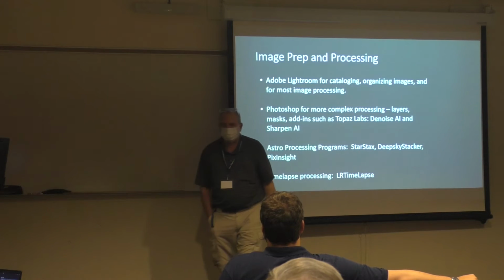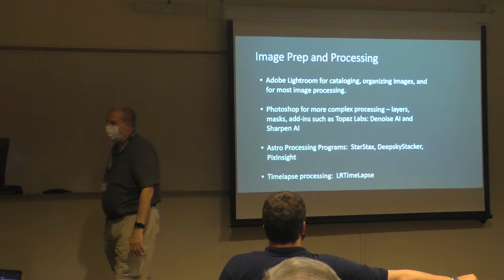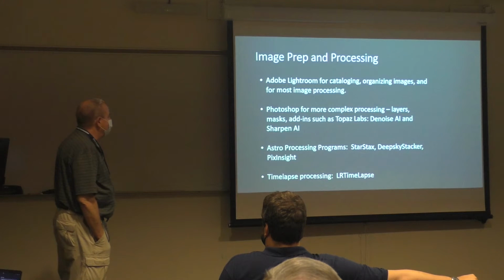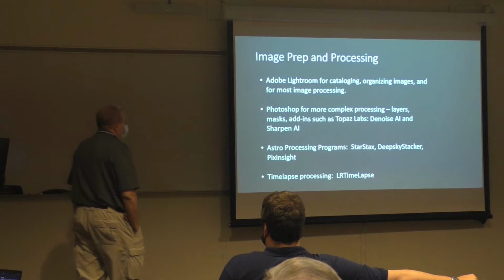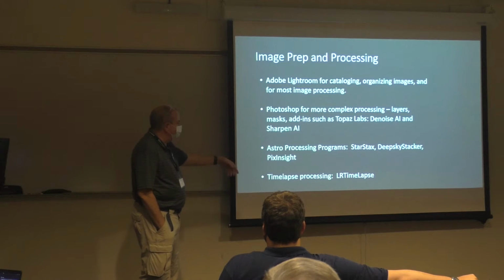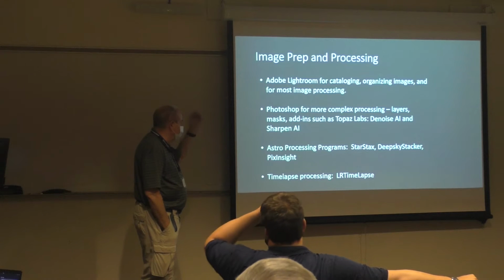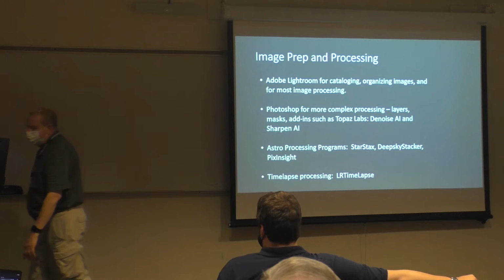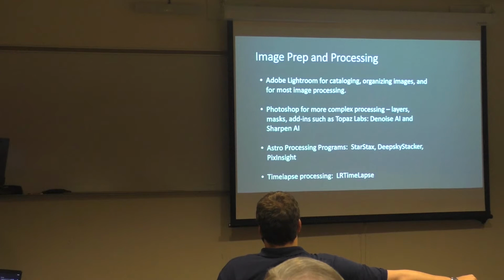They're using artificial intelligence, and what Denoise AI does for the noise in an image is unbelievable. It's just amazing how good it is. For astro processing, there's StarStax and Deep Sky Stacker, and then also PixInsight. And for time-lapse processing, I use LRTimelapse. So that's the software I use afterward.